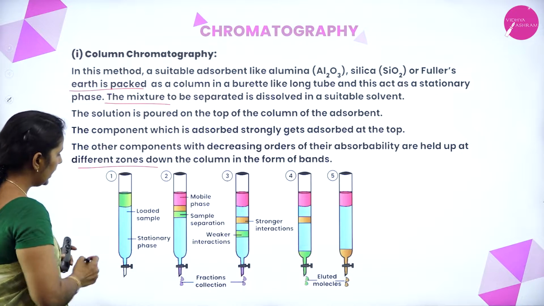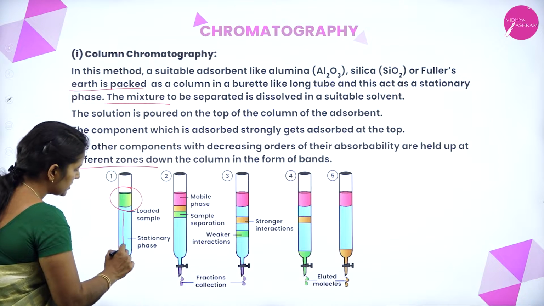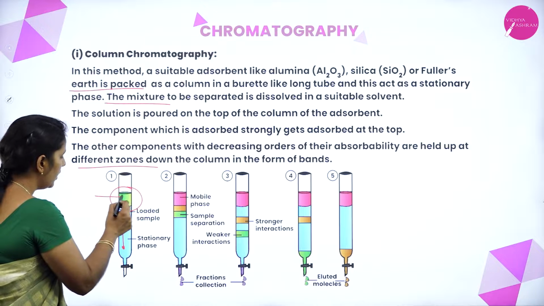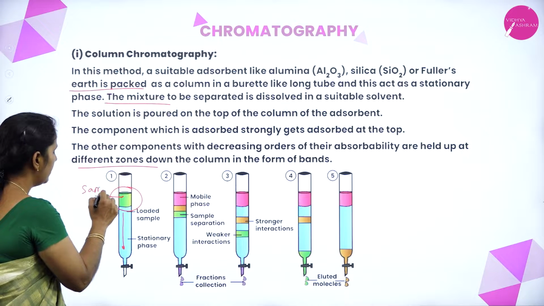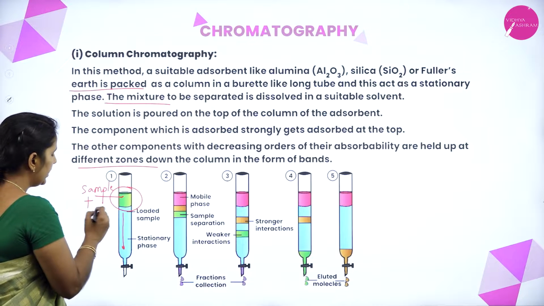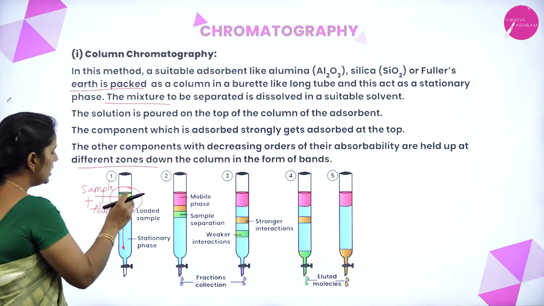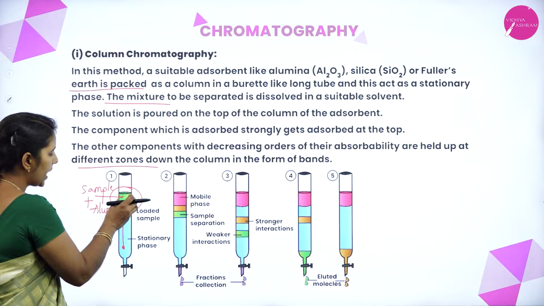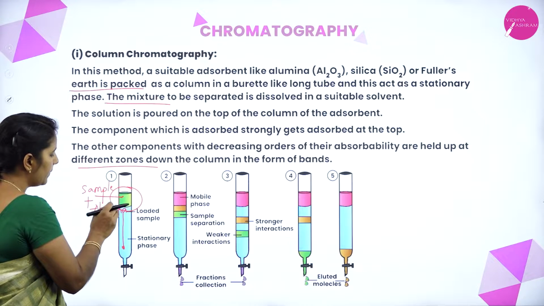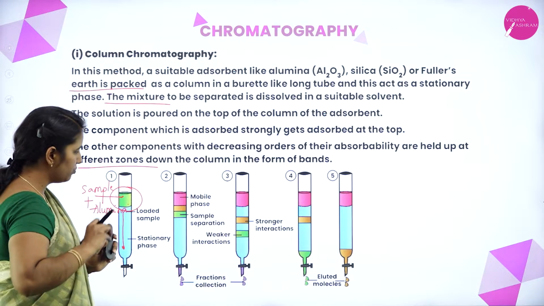Here you can see that we have loaded the sample, correct? So, this is our stationary phase. Here the sample is loaded along with the suitable adsorbent. I can take alumina or I can go with silica also. This is the sample, which I have loaded from the top, and I have a stationary phase. Now, I allow the solvent to move over it.